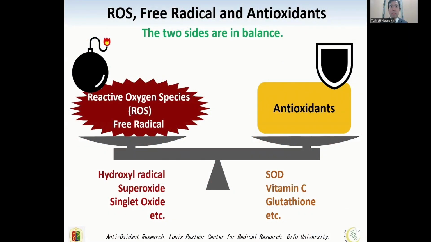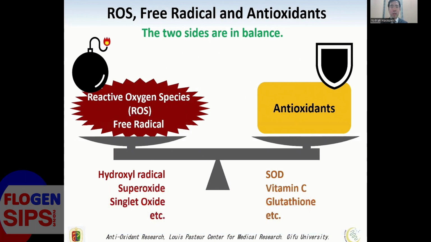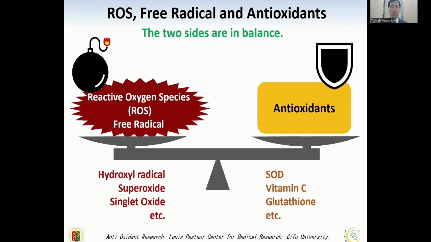First, I'd like to briefly introduce oxidative stress. The source of oxidative stress is reactive oxygen species, or ROS, and free radicals, which are constantly produced during our life activities. A small amount of ROS is essential for maintaining homeostasis, but an excessive amount of ROS can lead to cellular inflammation.